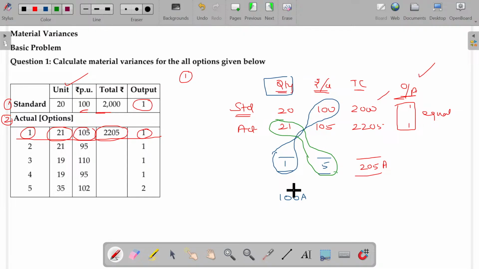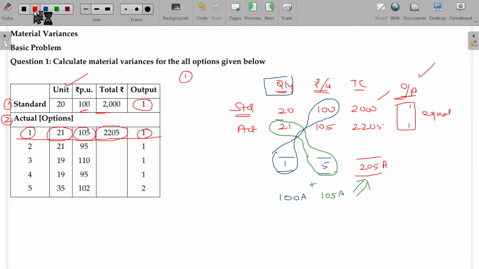That 5 rupees was paid for how many units? Not the standard units of 20. Actually, I purchased 21 units. That 105 is paid for 21 units. So 21 into 5, 105 will be taken. 105, you paid excess, so it's adverse. If you add up these two, then you will be getting what? This 205 will be the collective variance, the total variance. Is that okay?